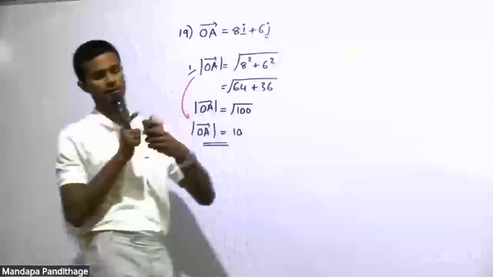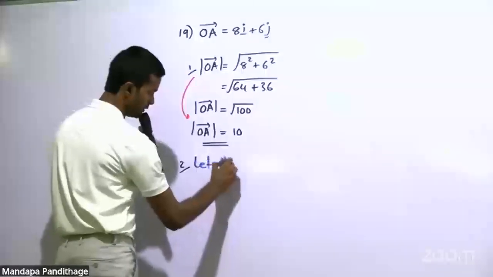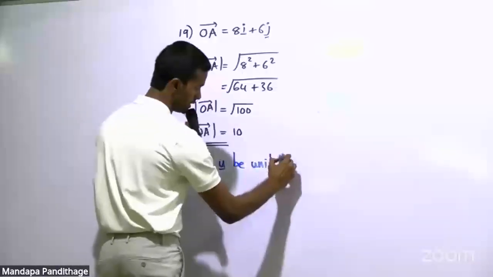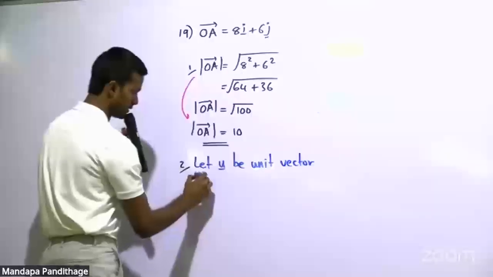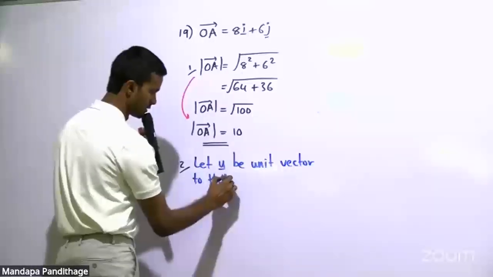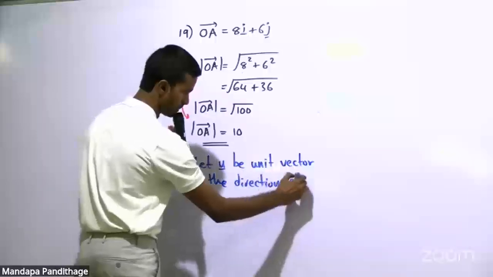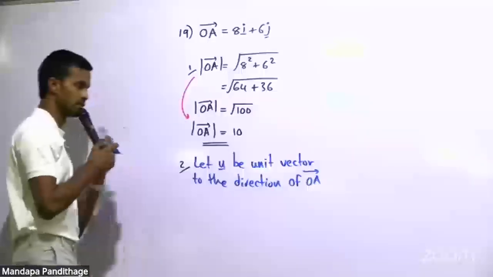So write it: let u be the unit vector to the direction of OA.